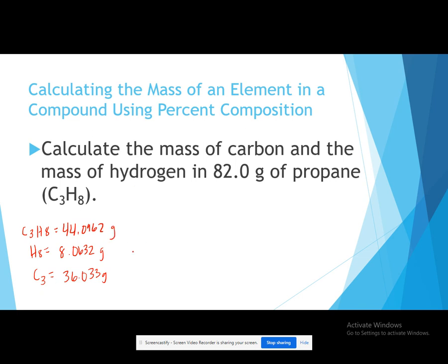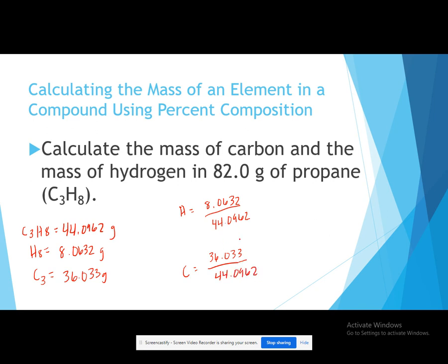Even though I've already solved it, I'm going to re-show you how to solve it. We're going to find the percent composition, just like we did before. So for hydrogen, it's going to be 8.0632 divided by 44.0962. For carbon, it's going to be that 36.033 divided by the 44.0962.